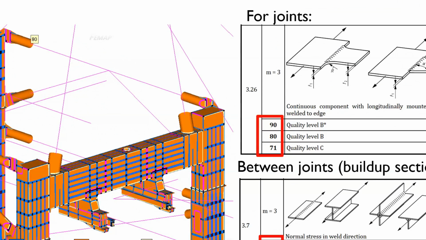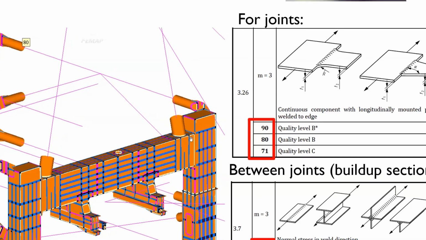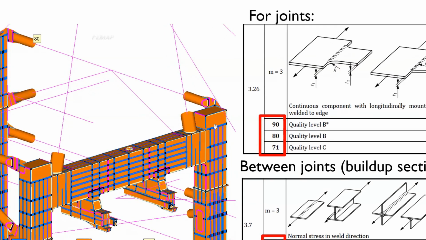As you know, when you do fatigue verifications, besides the quality of your welds, you're dealing with the stress concentrations. So basically, when you do a detailed shell modeling approach, you do not have to take into account the stress concentrations additionally, because they are already taken into account in your model.